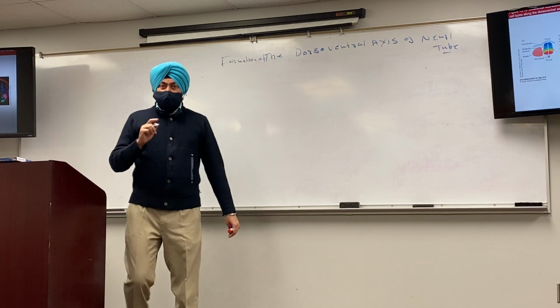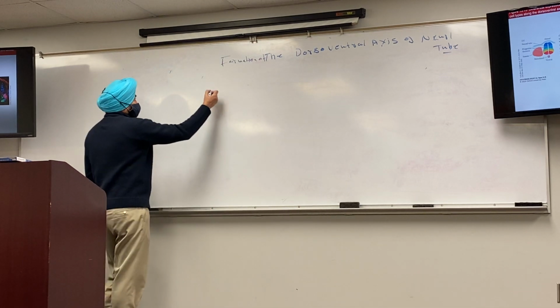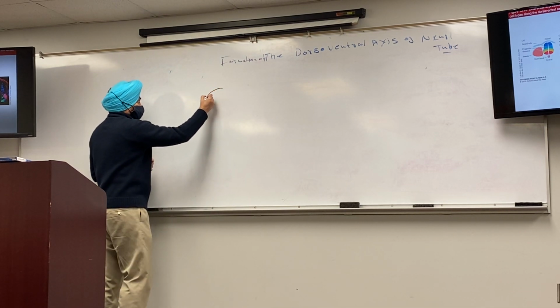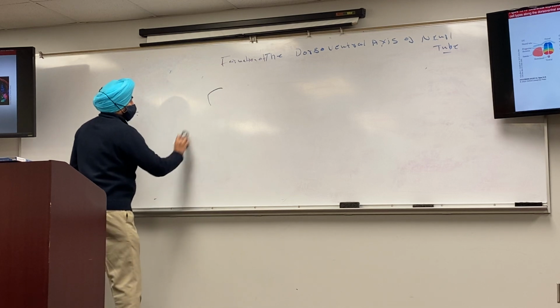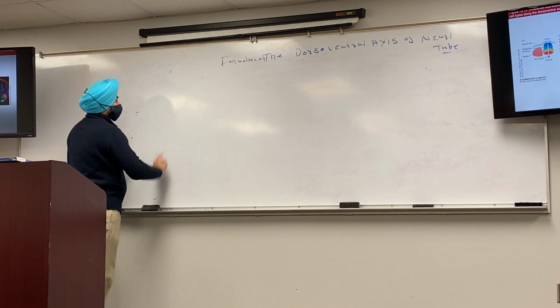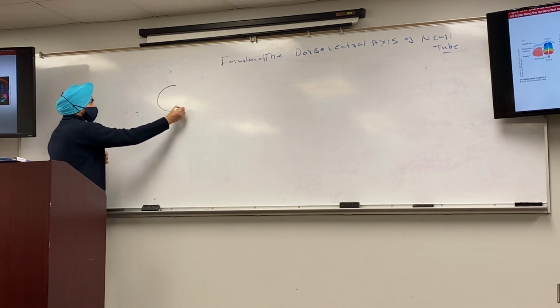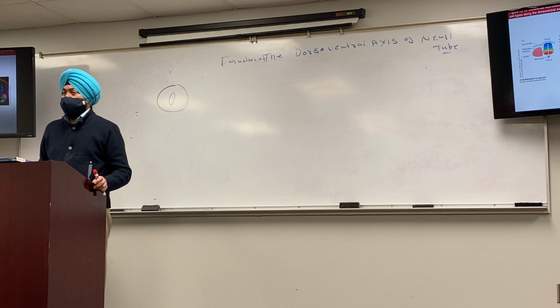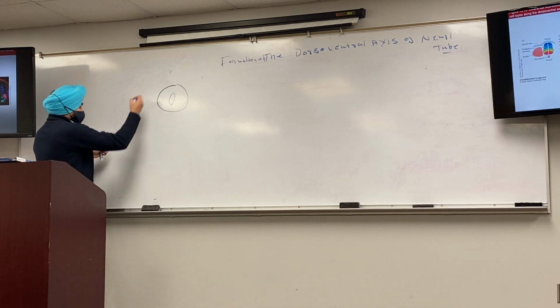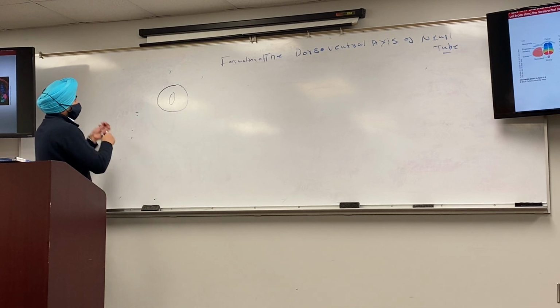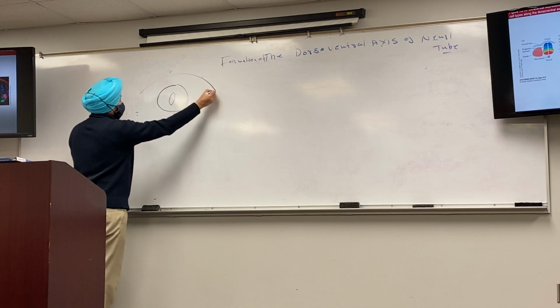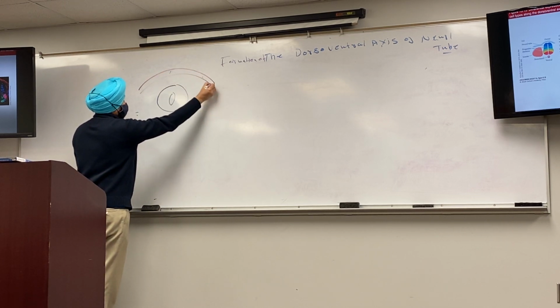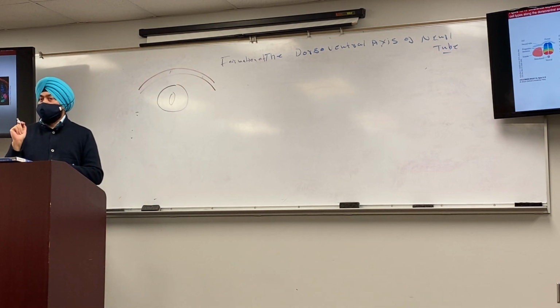Okay. So remember that this was our neural tube. So right here is the neural tube, right? Which we talked about, how it closes, right? And what we have here on this side. What is this? Epidermis.